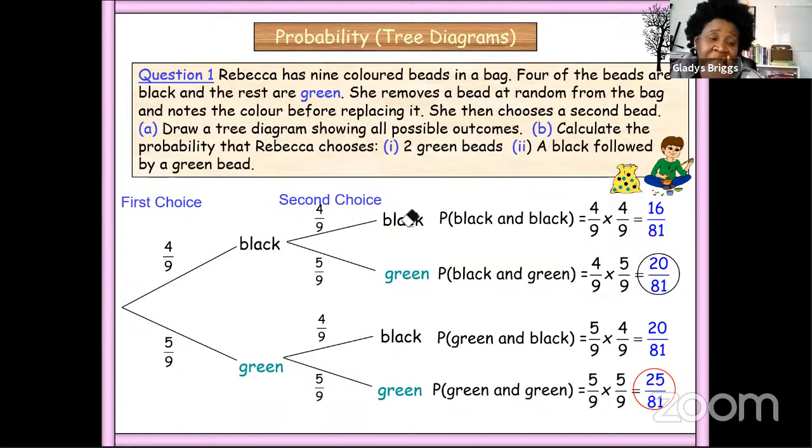It's only one situation that you get not green. It's black and black. So that will be what? 16 over 81. Well done.